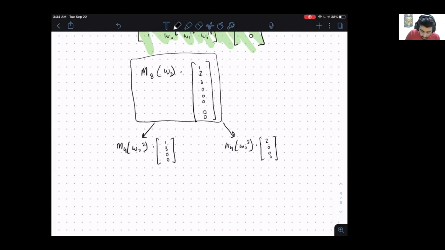Okay, so those are the 2 subproblems that we've split our original problem into, and then there's some work that we have to do to combine those 2 subproblems together, but we won't include that here at this step.